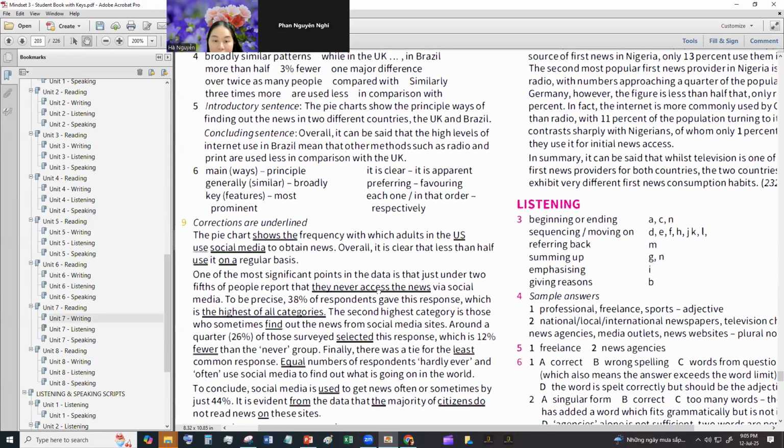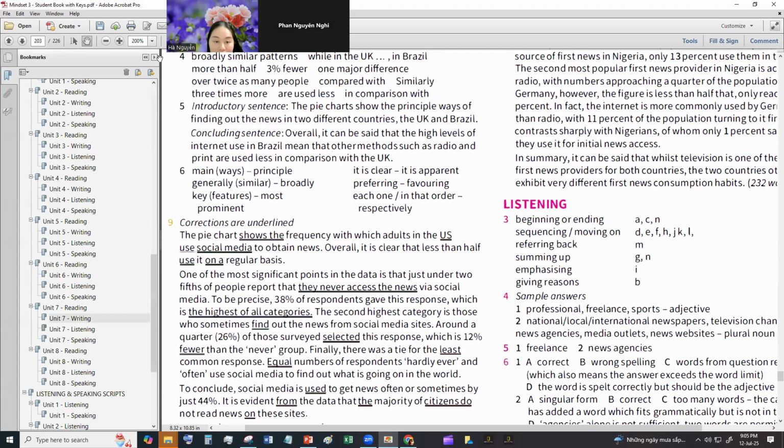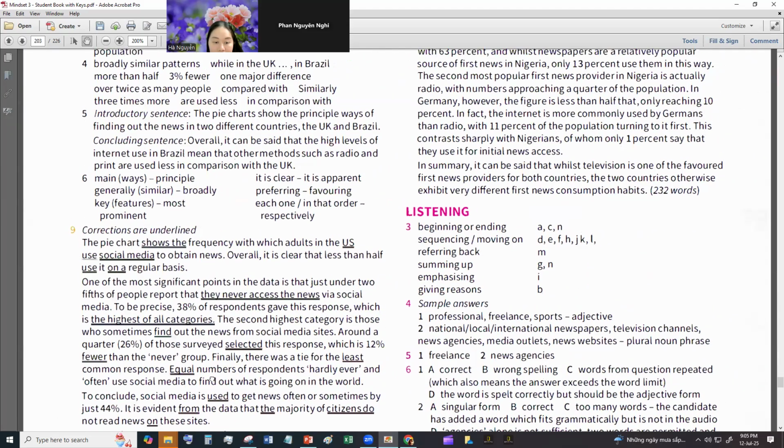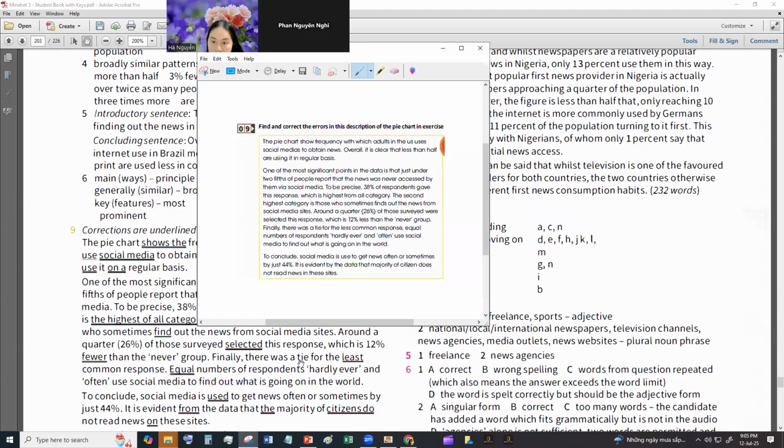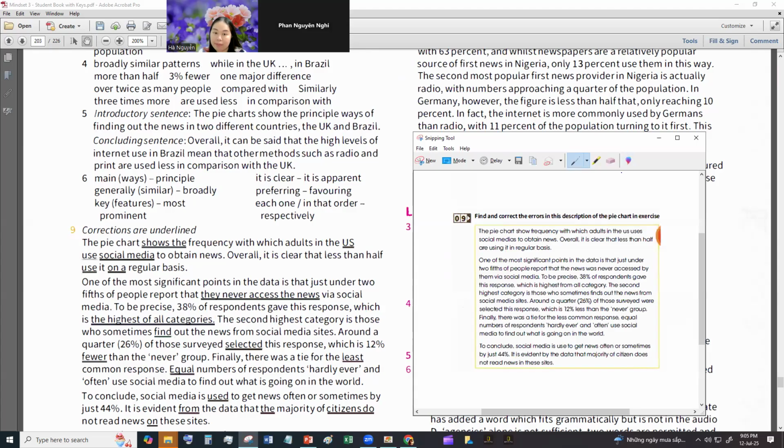Okay, so this is the correction, and this is the original writing with the mistakes. Let me see, there are 1, 2, 3, up to 18. 18 mistakes in general, 18 parts that are corrected.